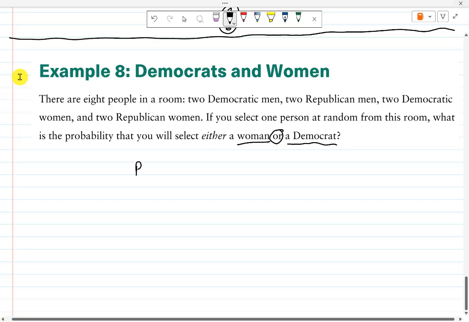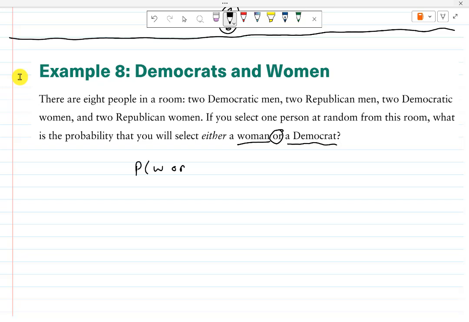Probability of a W or Democrat is the probability of a woman plus the probability of a Democrat minus the probability of being a woman and a Democrat. This formula will work no matter what, but I don't know if there's any overlap. I'll see if there is when I work this problem.